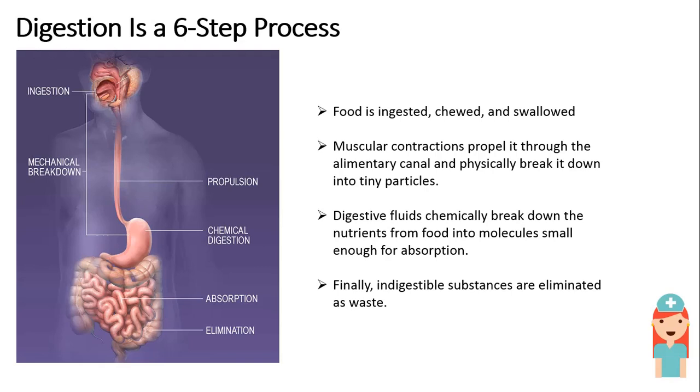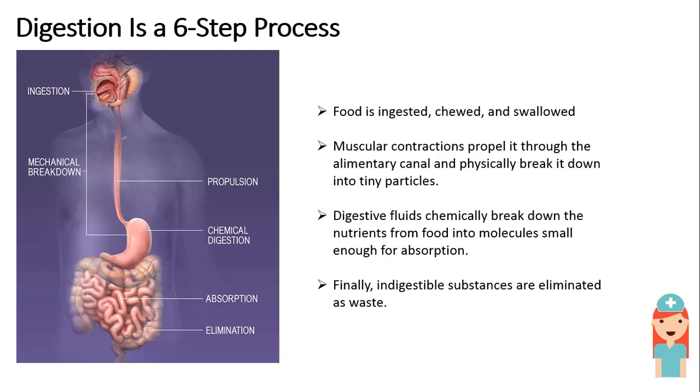Digestive fluids chemically break down the nutrients from food into molecules small enough for absorption. That is where absorption comes into place. Finally, indigestible substances are eliminated as waste. The sixth and last step of digestion is called elimination. So the 6 steps involved in digestion are ingestion, propulsion, mechanical breakdown, chemical digestion, absorption and elimination.